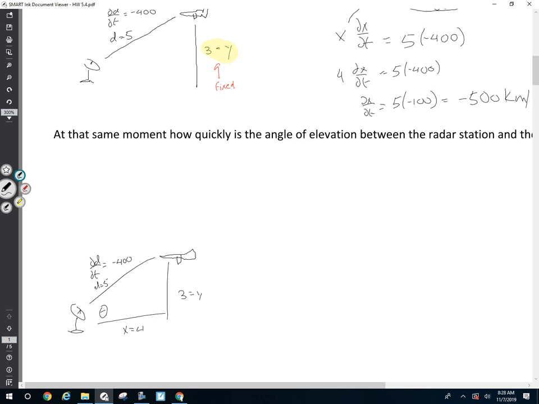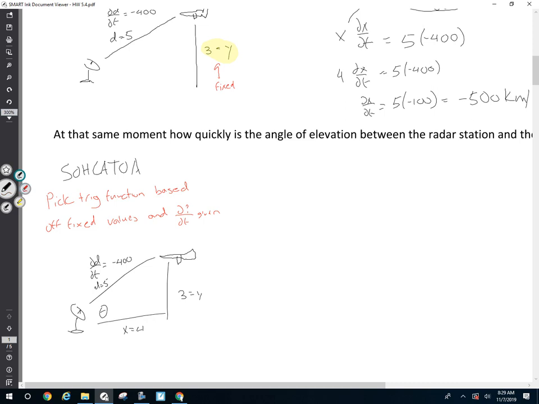Okay, we're going to use our friend SOHCAHTOA, and we're going to pick the right trig function. We will pick a trig function based off our fixed values and our d/dt, whatever I have given.